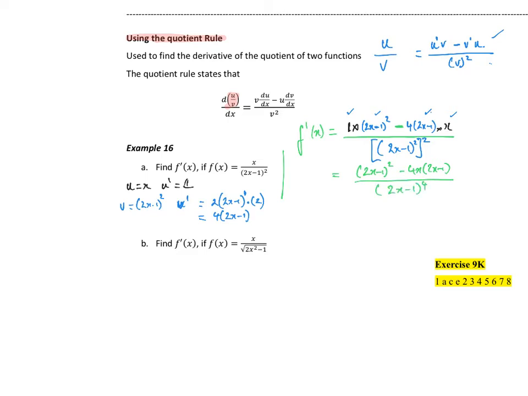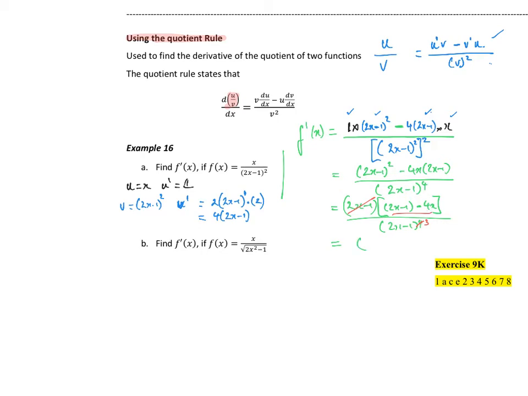So looking at the top, hopefully you can see 2x minus 1 is a common factor. 2x minus 1 comes out the front, and I've got 2x minus 1 minus 4x over 2x minus 1 to the 4. They cancel down, that becomes to the power of 3. That cancels out.